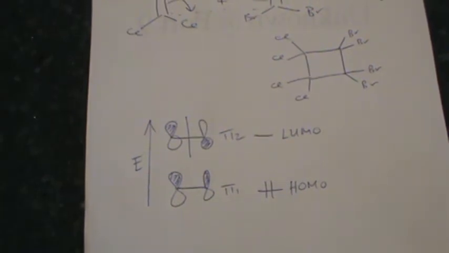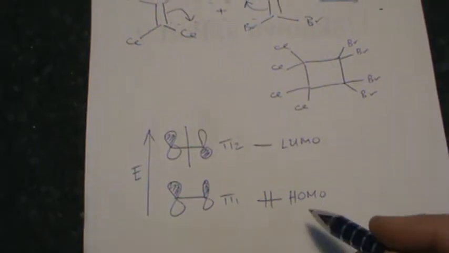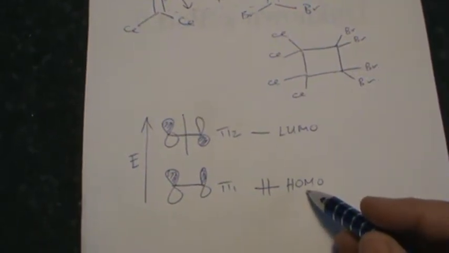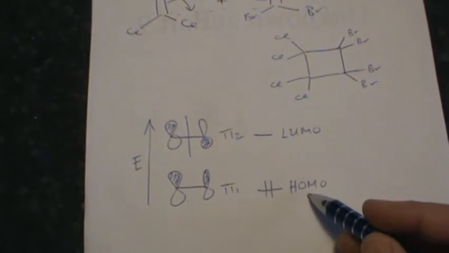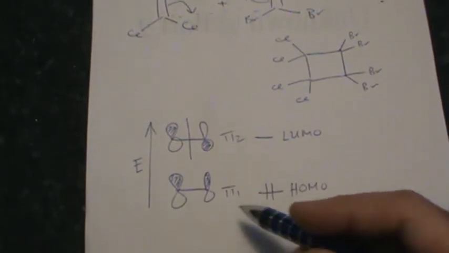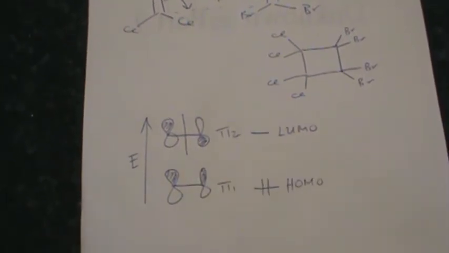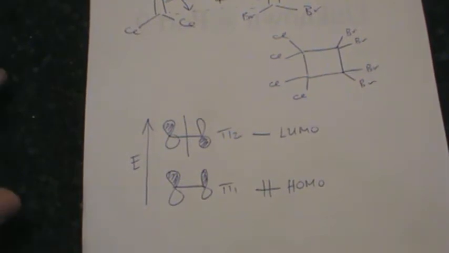So what do we do? Well, as we said, we simply compare the highest occupied molecular orbital of one species with the lowest unoccupied molecular orbital of the other. And we can do this in two ways. We could do the Woodward-Hoffmann treatment, and so to do that, we would look at the highest occupied molecular orbital of one species, which is this one right here, and say, okay, is this one symmetric or anti-symmetric with respect to planes of symmetry that exist in the molecule?